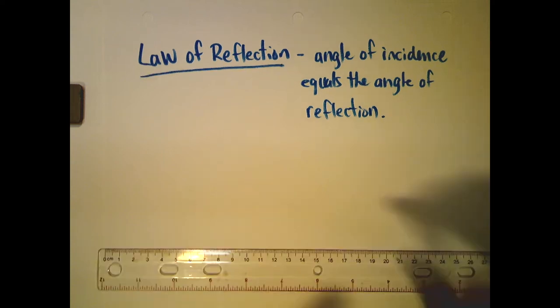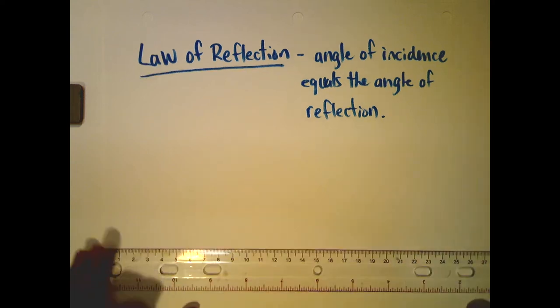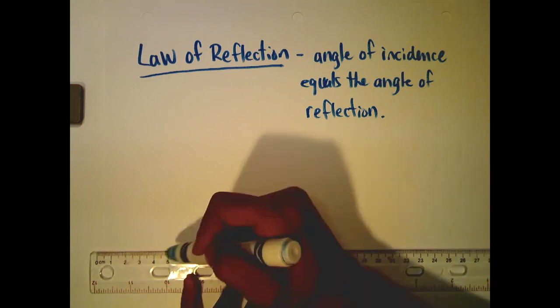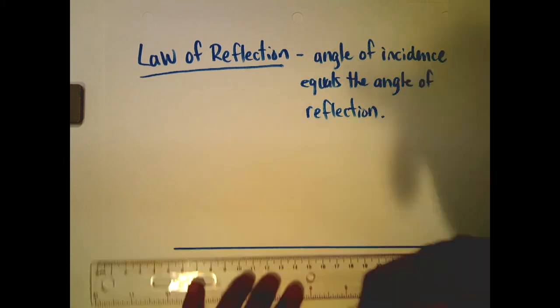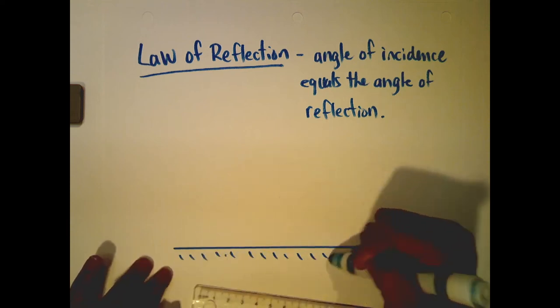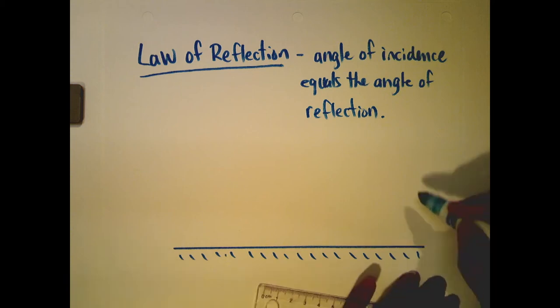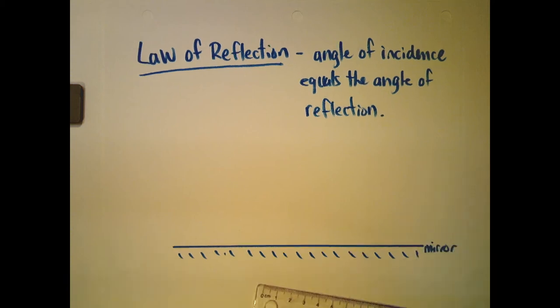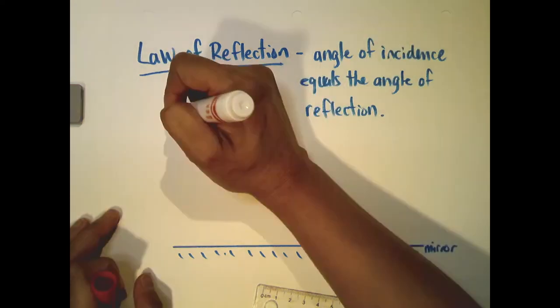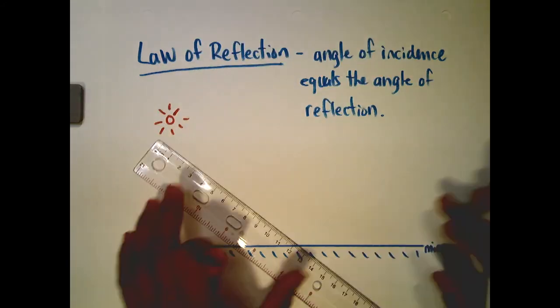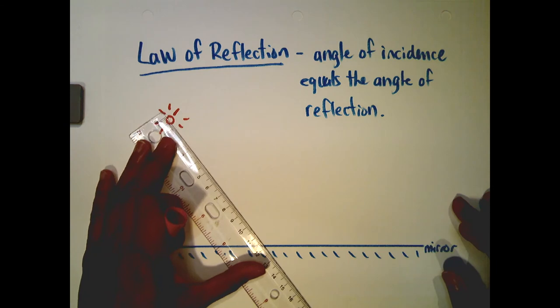So I've got my ruler here, and I'm going to draw a mirror, the scientific symbol for the mirror. There's my shiny surface, and this here is the backing. So this would be my mirror as I labeled it. Perfect. And I'm going to have a light bulb or the sun shine down, and the light is going to bounce off the mirror.